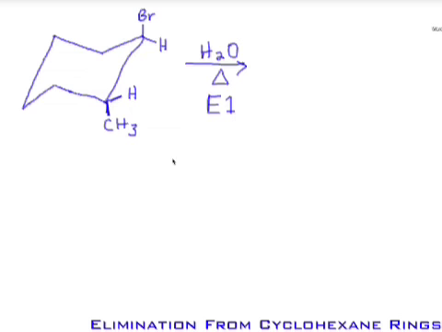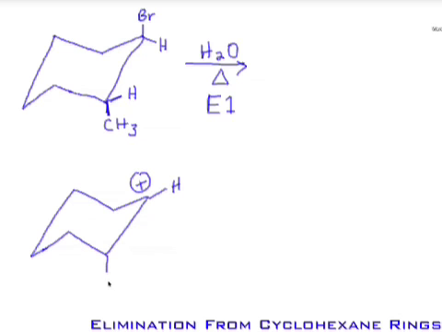And what's that? Well, you form a carbocation. So draw your carbocation. Whenever you have E1 or SN1, you always draw the carbocation on scrap paper. Okay? And if the bromine leaves, I would get a carbocation that's trigonal planar. I draw it here. And I have to ask, what kind of carbocation is that?